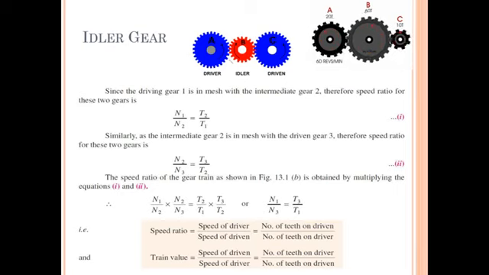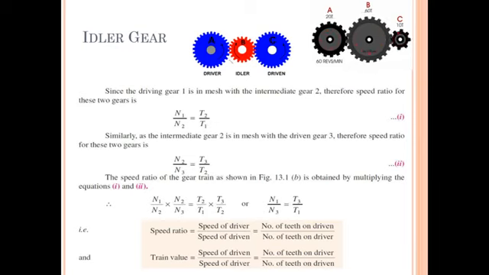Now let us discuss the idler gear. A little consideration will show that the second method, using an idler gear, is more convenient and economical. It may be noted that when the number of intermediate gears is odd, the motion of both the gears, driver and driven, is the same. Consider the example shown in this diagram.